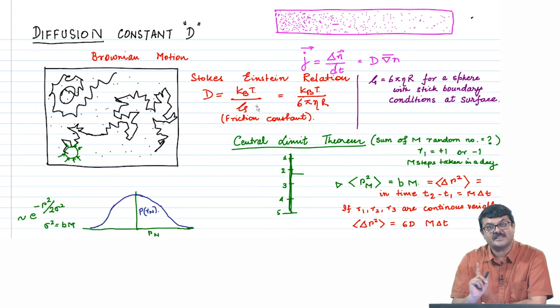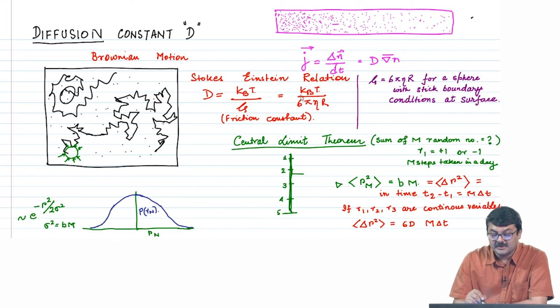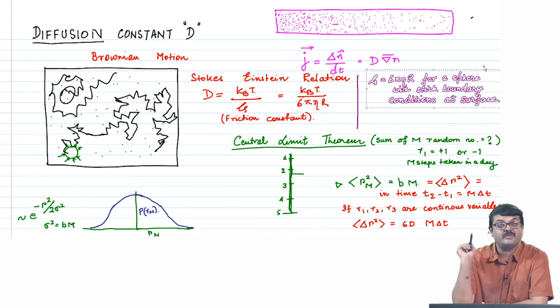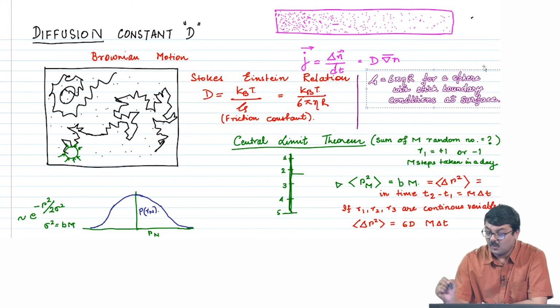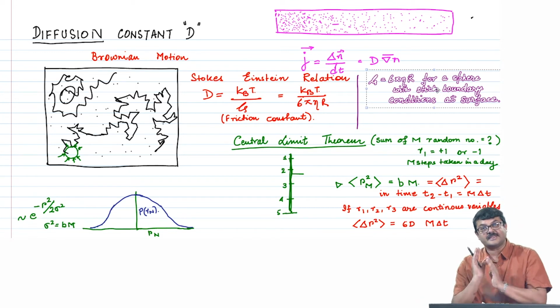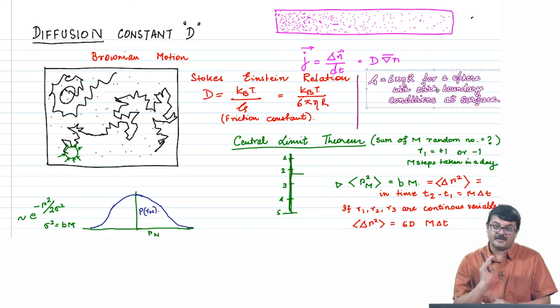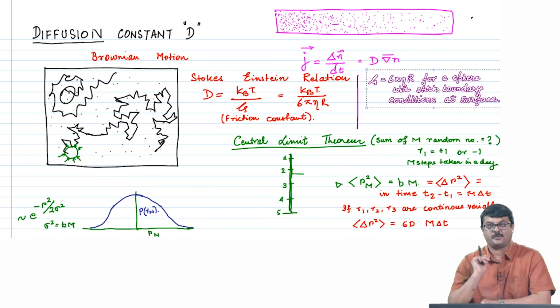So, it is that friction constant, a property of the particle, and it depends upon the viscosity in which it is moving and r, the radius. Now, the friction constant is equal to 6 pi eta r only for a sphere with stick boundary conditions at the surface. If the water at the surface of the sphere is moving along with the sphere and has the same velocity locally as the surface of the sphere at that point in space.